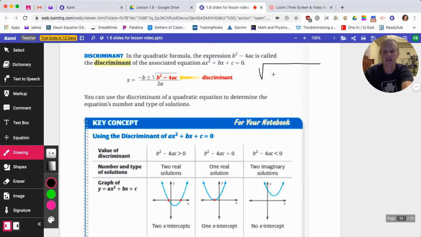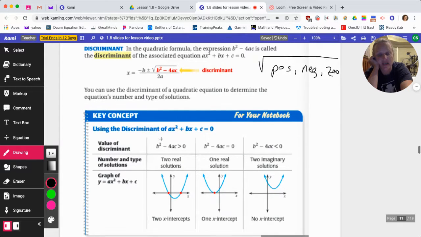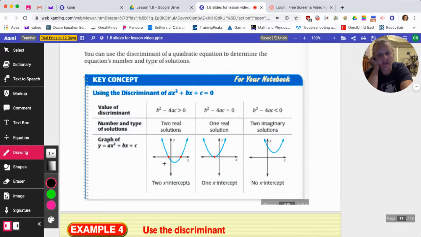It's what's under here. It's either positive, negative, or 0. That's what the discriminant is. And it helps us a lot to figure out how many solutions there are. If we only pay attention to b squared minus 4ac, we can figure out if it's positive, I'm going to have 2 solutions, 2 x-intercepts, 2 roots.